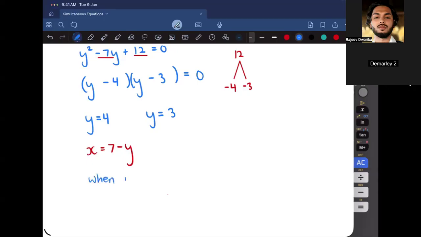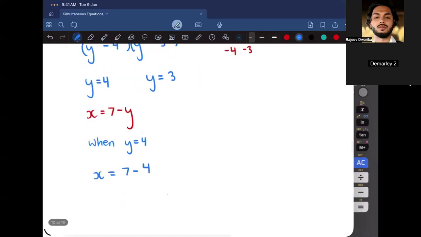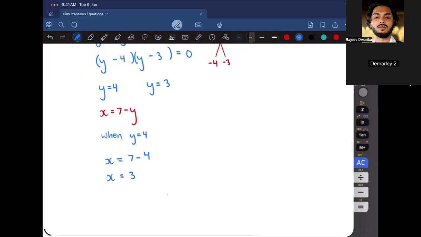So that's going to be x is equal to 7 minus 4. Are you confused by that part? No. So x is 3. So my answer is going to be 3, 4. So when x is 3, y is 4.